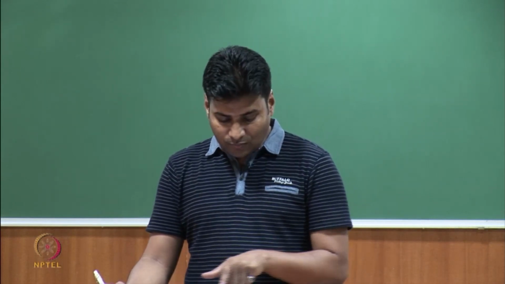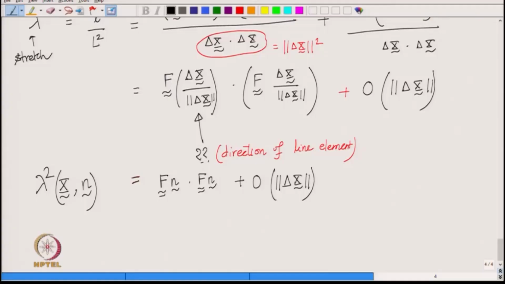Now, in this formula that we have here on the right hand side, we have big F. So, big F is the gradient of the deformation small f. So, somehow we have to write this big F in terms of displacement, right, u. So, how can we do that?